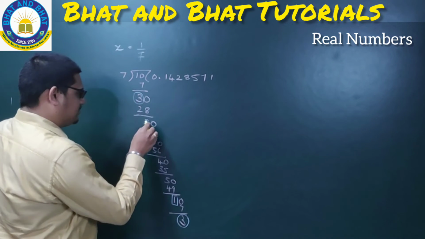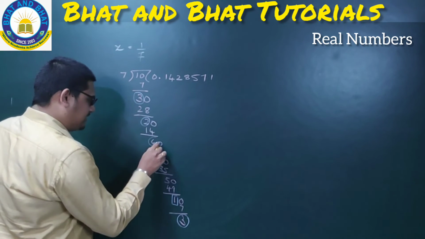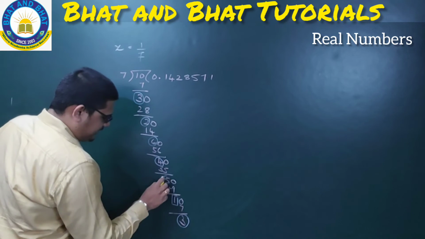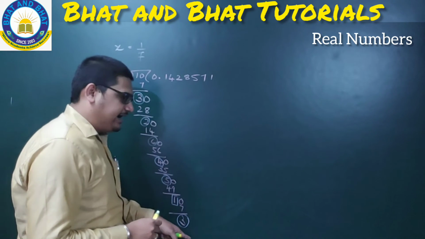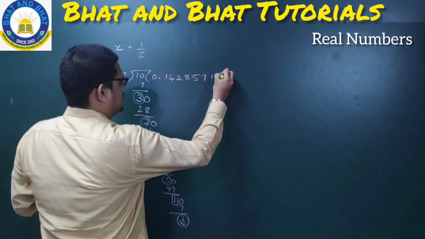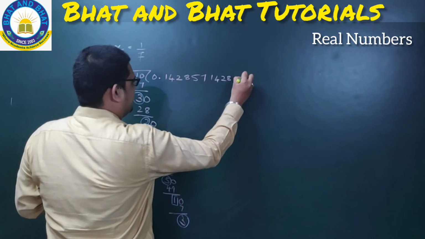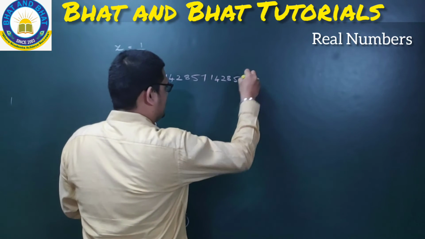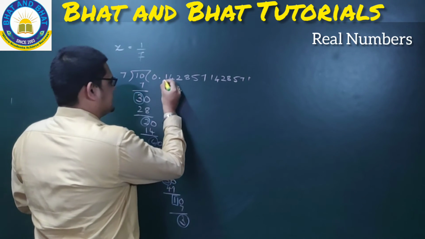If I continue, next will definitely be 2, then will come 6, then 4, then 5, and again I will end up with 1. So here this will be 1, 4, 2, 8, 5, 7, and again I will be starting with 1.